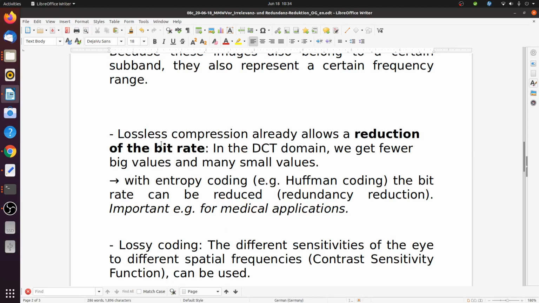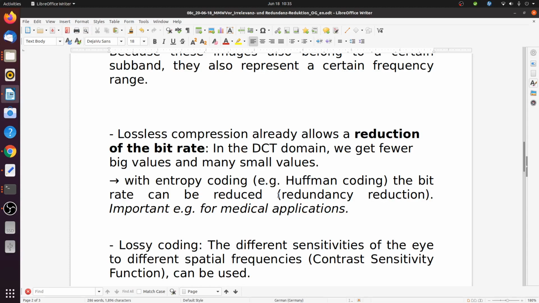And we can already apply lossless compression in the DCT domain because of this energy compaction, right? If we have energy compaction, then the DC coefficients have high values, and low values at high frequencies appear much more often. So then we can apply entropy coding, for instance Huffman coding, and in this way we can reduce the bit rate.